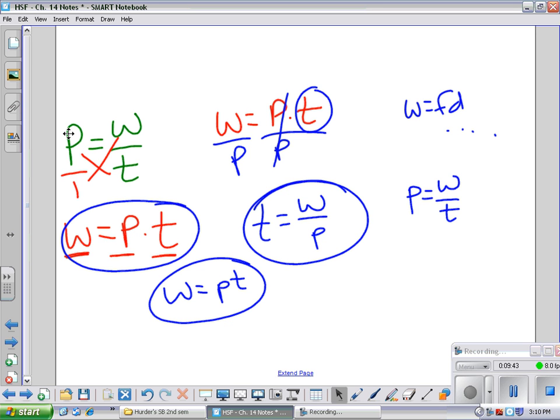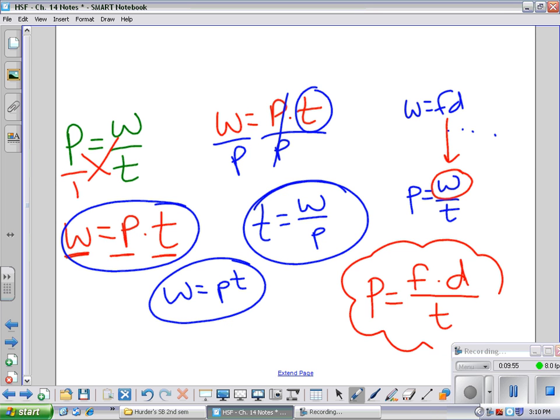Or if you want, you can combine the two formulas. So instead of work right here, I could put what work is. So you can also say power equals force times distance divided by time. So again, just make sure only use it when you have to use it. And feel free to do 2 steps, I'm fine either way.